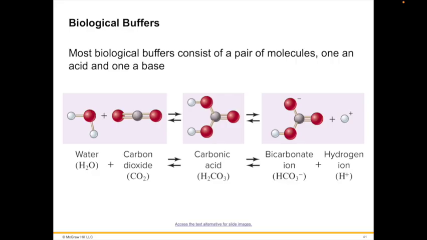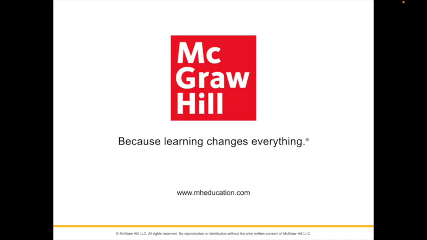In a condition called blood acidosis, human blood, which normally has a pH of about 7.35 to 7.45, drops to about 7.1. This condition is fatal if not treated immediately. The reverse condition is called blood alkalosis, which involves an increase in blood pH to a similar magnitude and is just as serious.